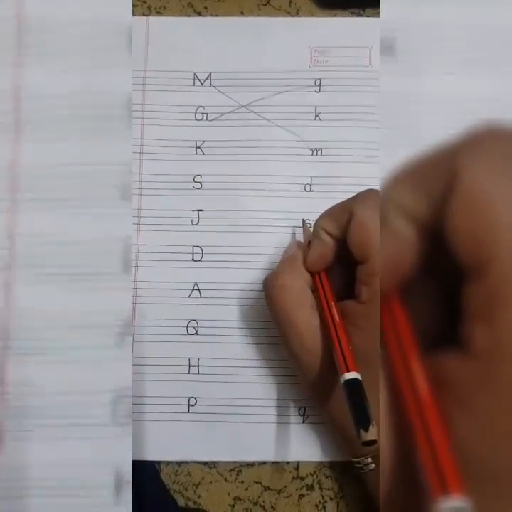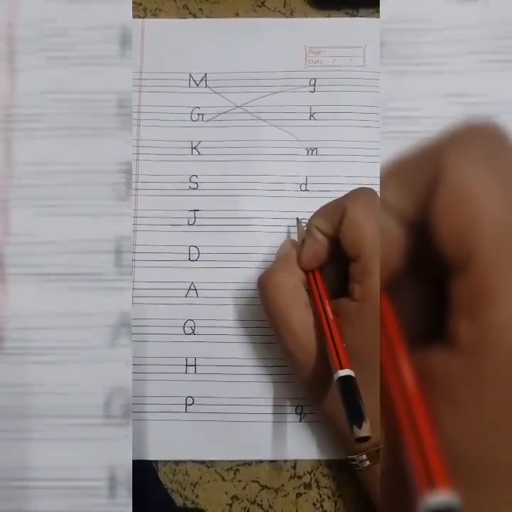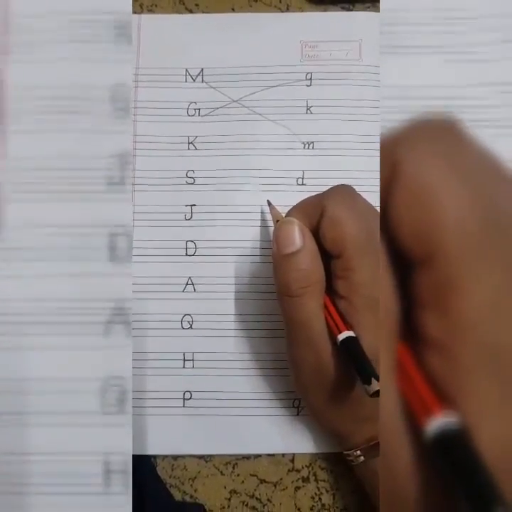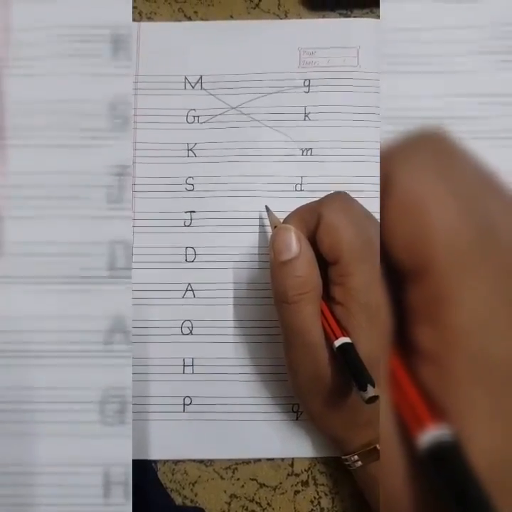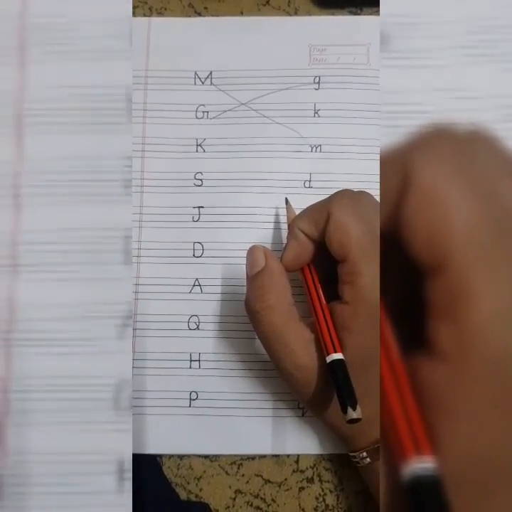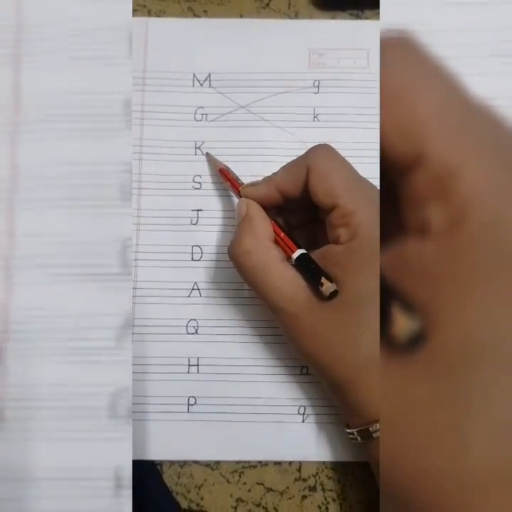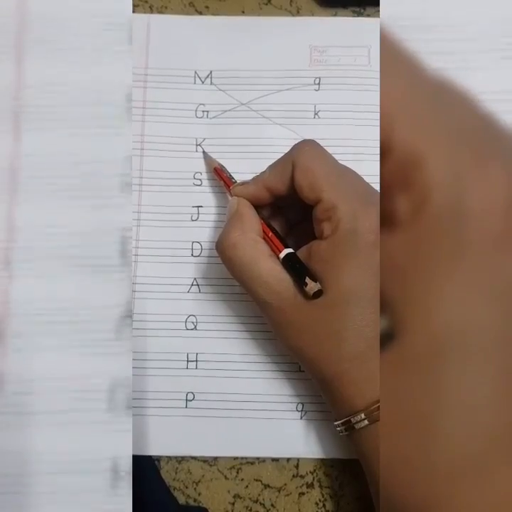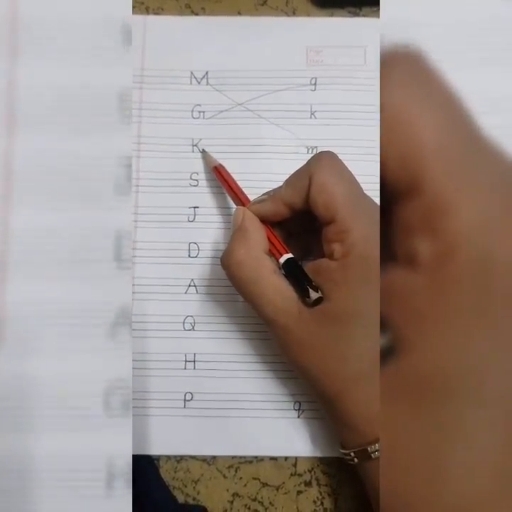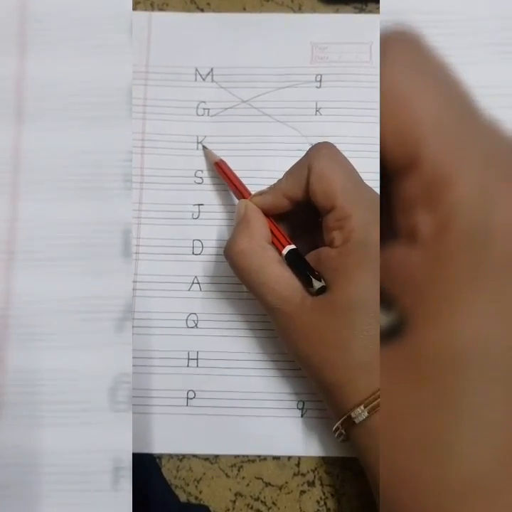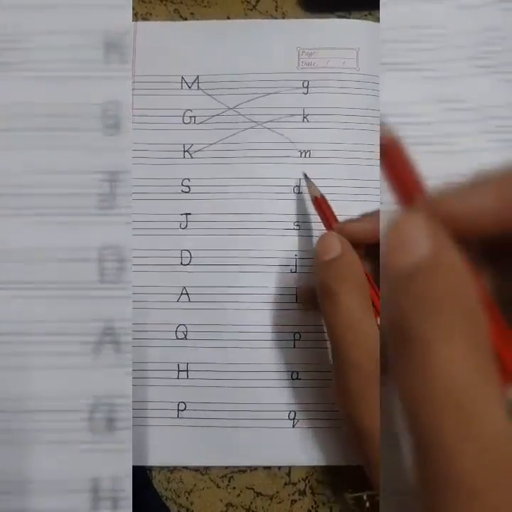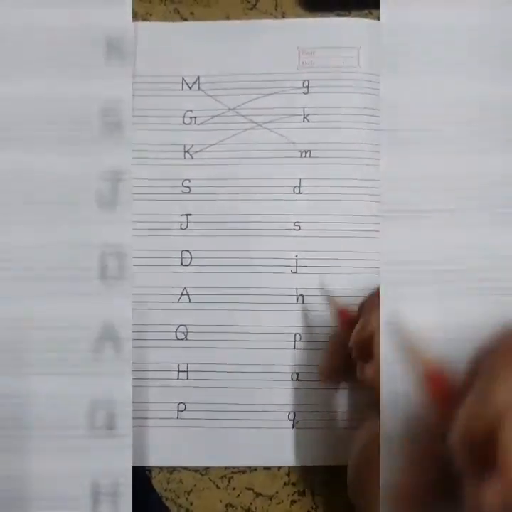Now, which letter is this? Who will tell? Kulnoor, which letter is this, beta? Yes, it's a letter K. And Kulnoor's word also starts with letter K. So, we will match capital letter K with small case letter K, and capital letter K is just similar to small case letter K. Okay.